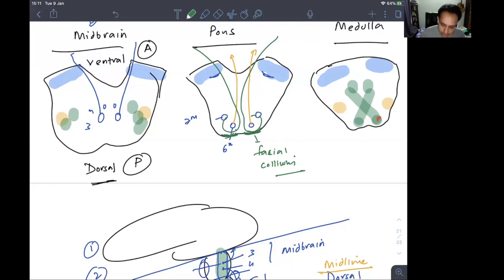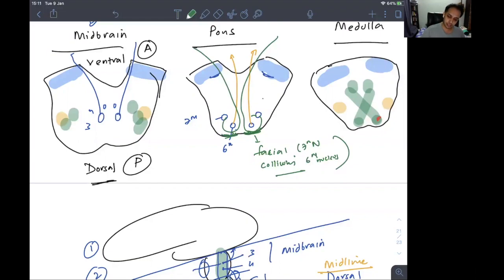So the facial colliculus actually has the seventh nerve plus the sixth nucleus. So that's just extra information. But this is how the sixth and seventh nerve nucleus is arranged in the pons.